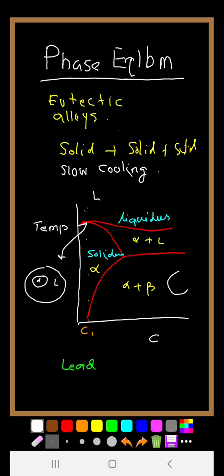Whereas here, the microstructure will be mainly alpha and beta phases being formed. At this point it is 10 weight percent of lead, and at this point it is 80 weight percent of lead. So this is how the eutectic phase diagram looks.